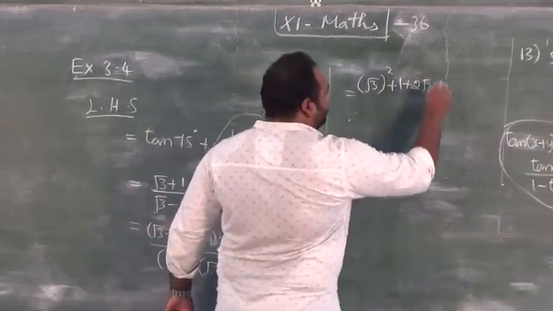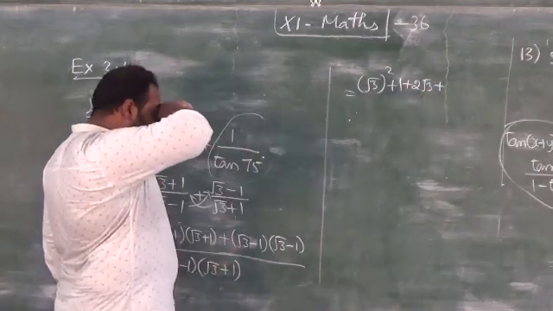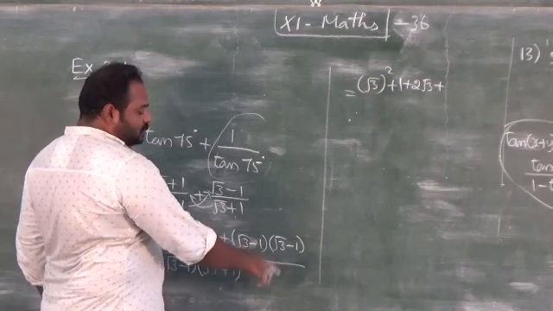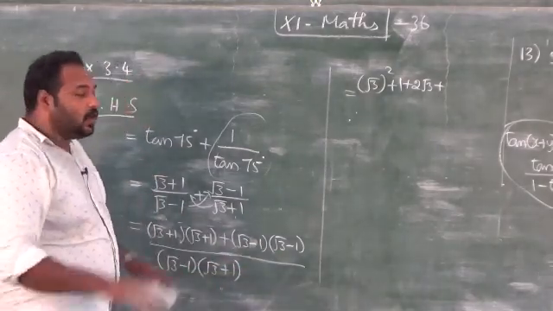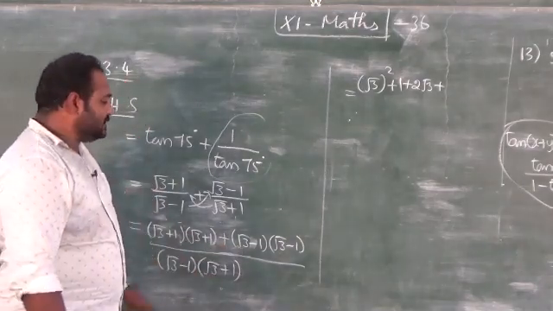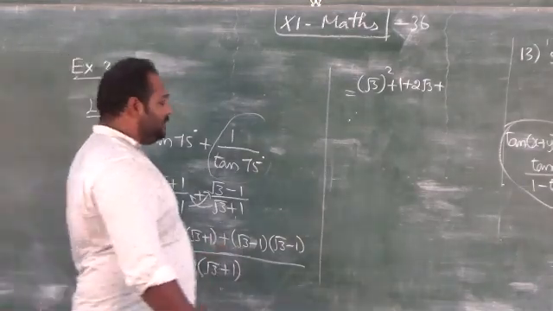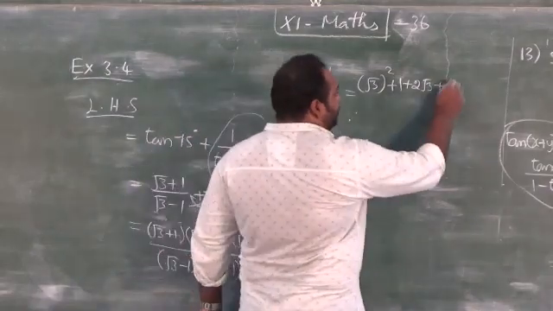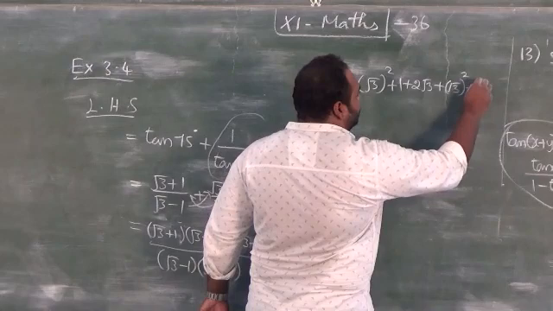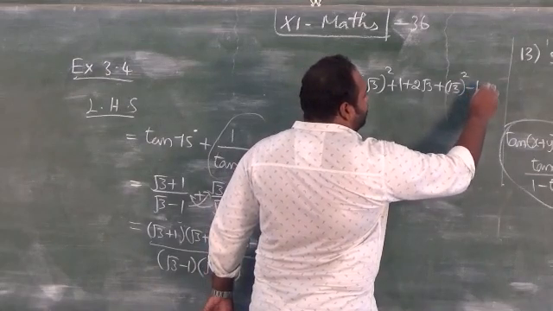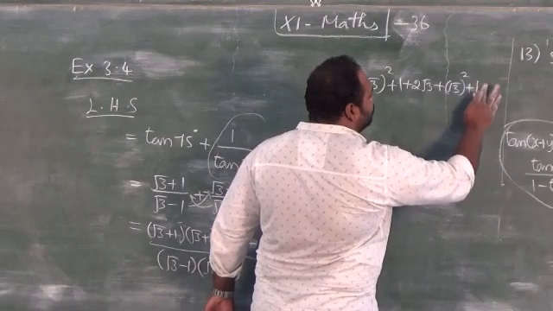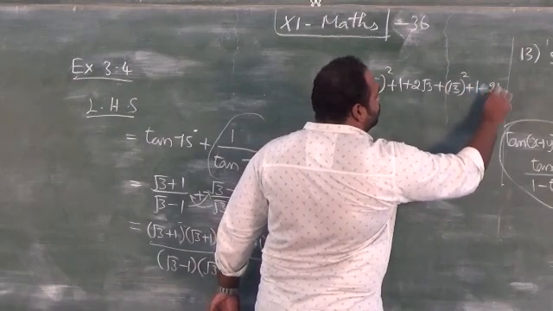Here, root 3 minus 1 whole square is the a minus b whole square formula: a square plus b square minus 2ab, minus 2 root 3.